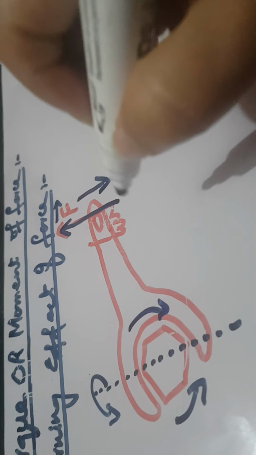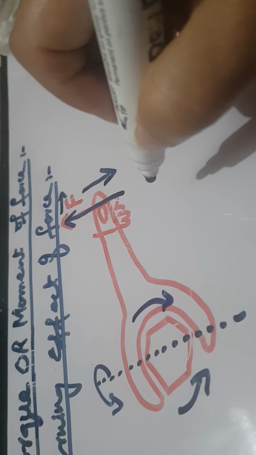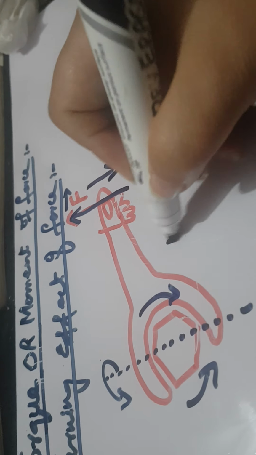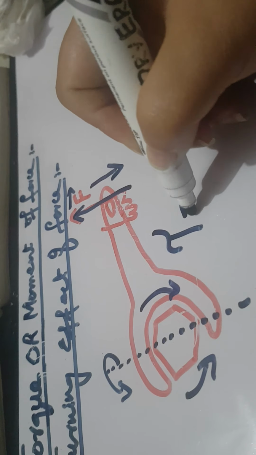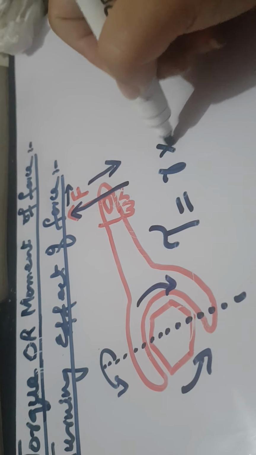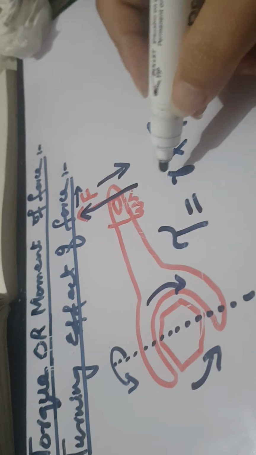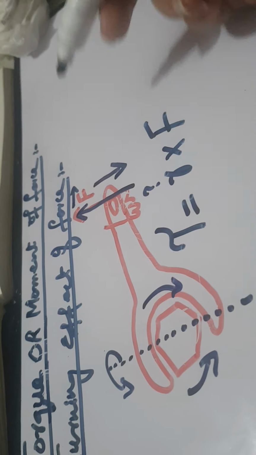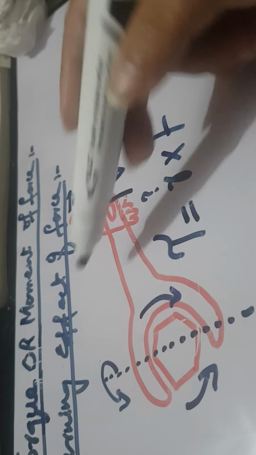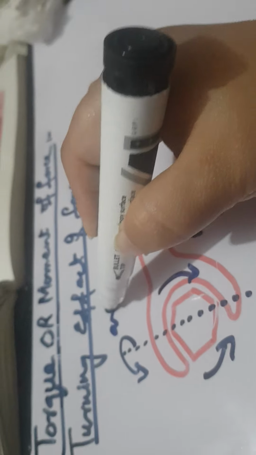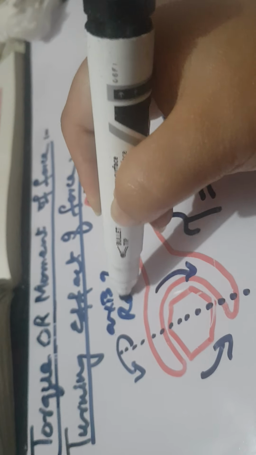It depends, but there are two certain things which are correlated with the torque. The symbolic representation of torque is tau, and its formula is R cross F. What is R and what is F? F is the applied force which is applied on an object to move or rotate it about a certain axis of rotation.